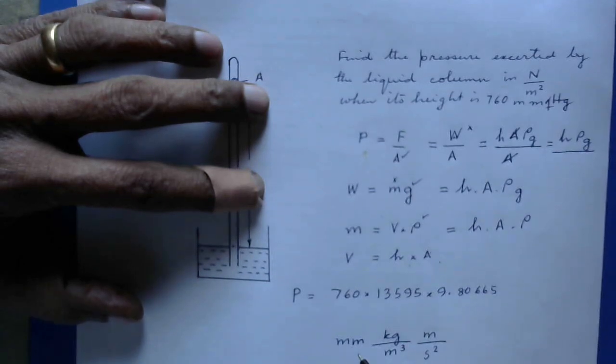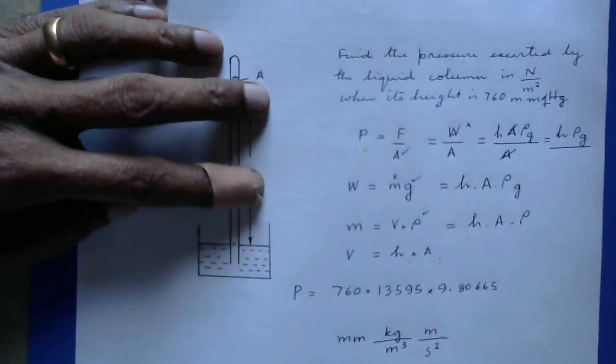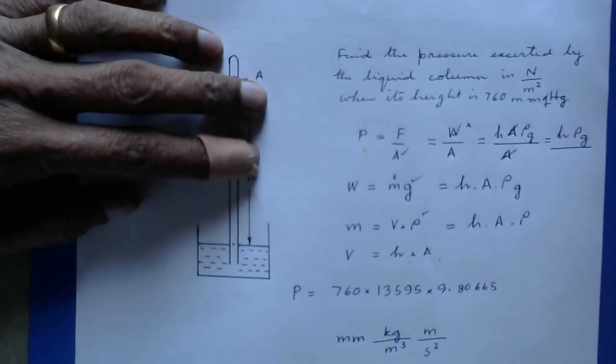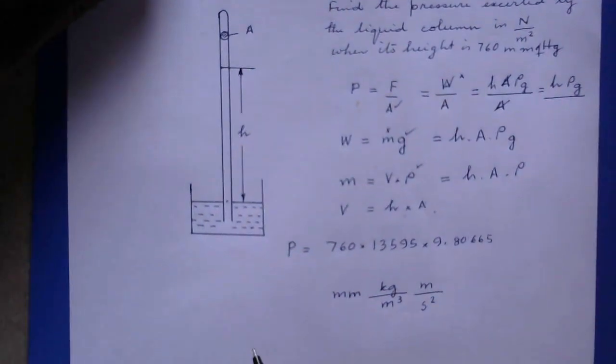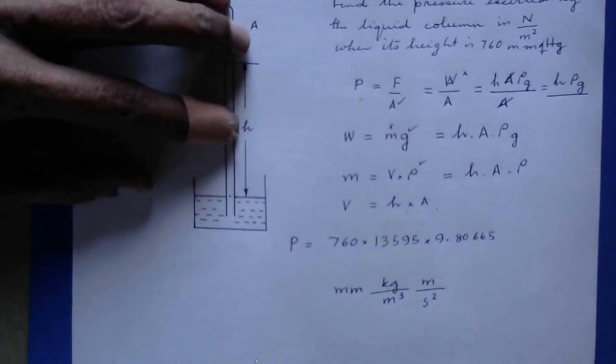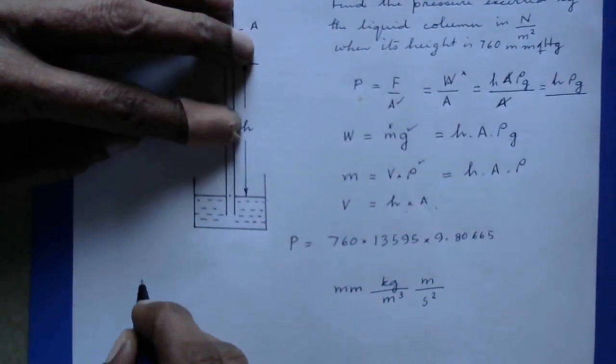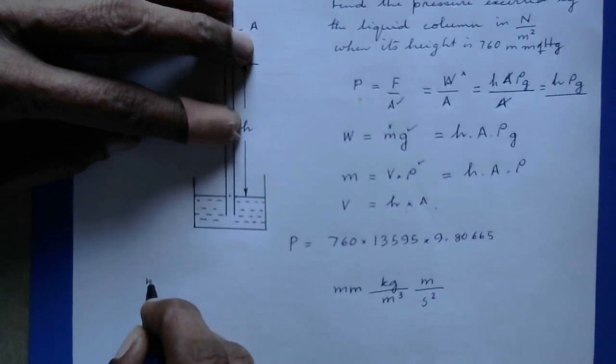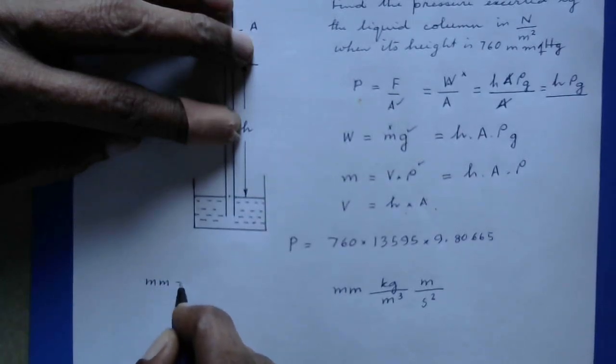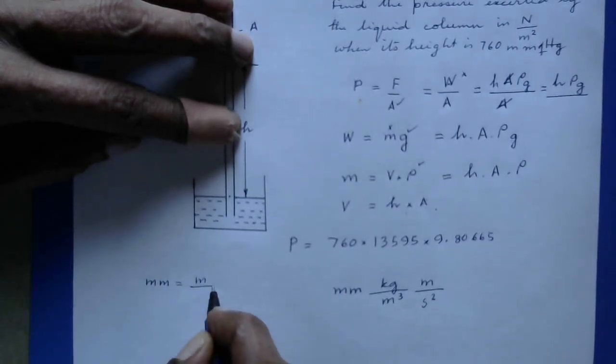So millimeter to convert to meter, we normally have what is called unity conversion factor. Unity conversion factor is what? We need to get that from the definition. So the definition we have is millimeter is equal to meter by 1000.